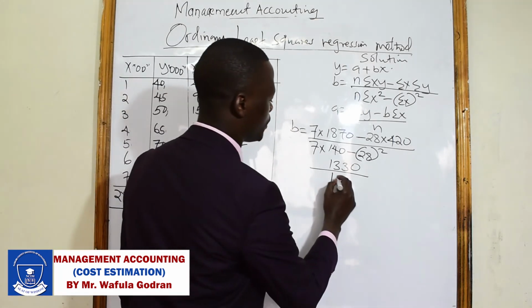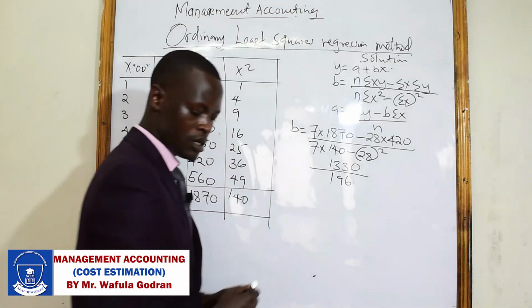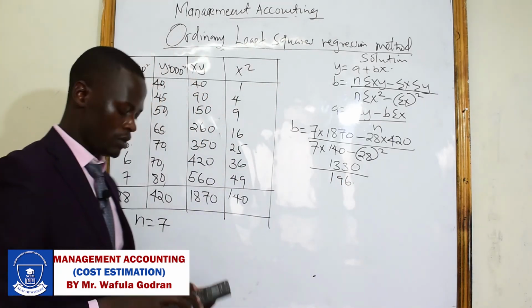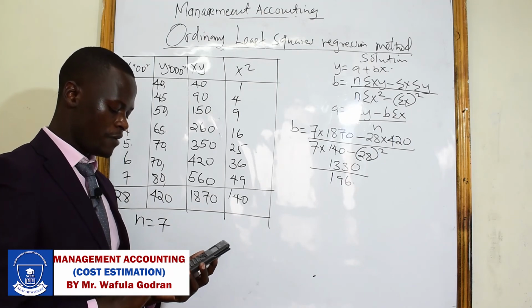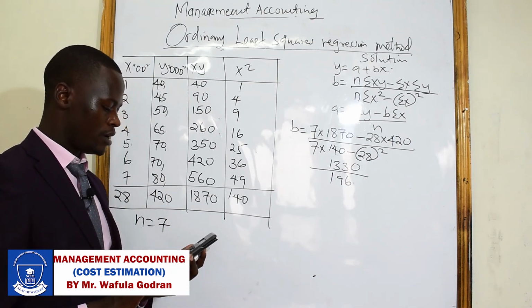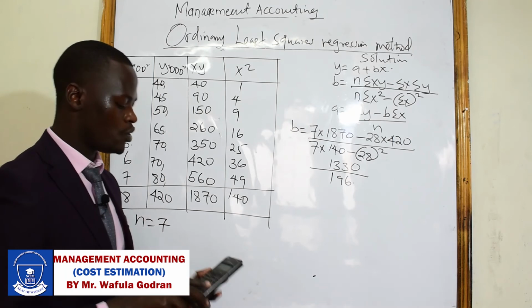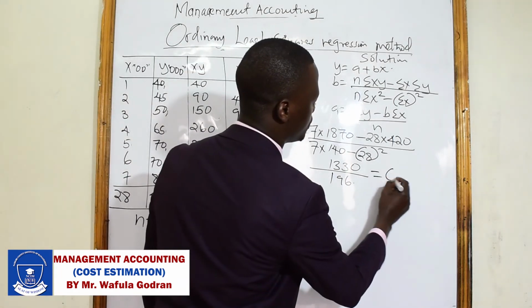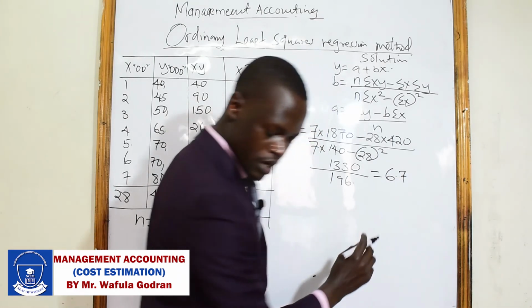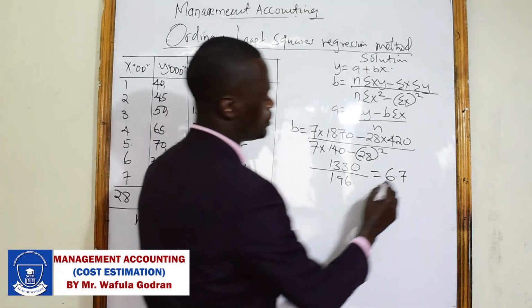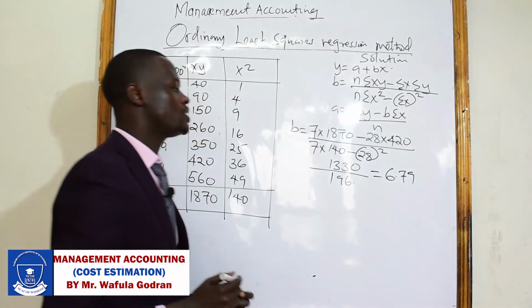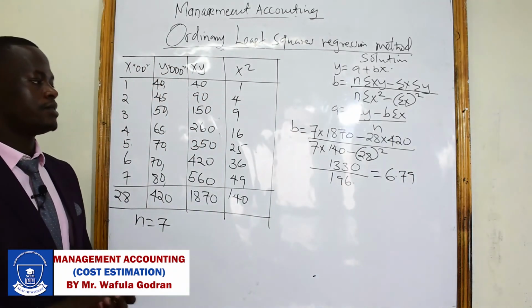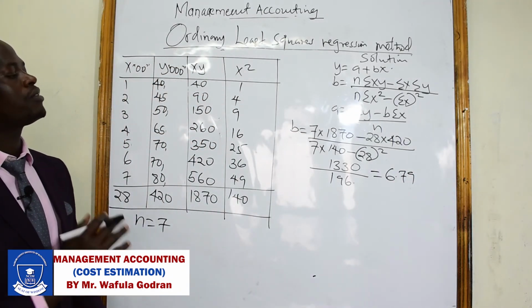So 1330 divided by 196, the answer, you get 6.78. If we round it to 2 decimal places, it will be 6.79. So that is the value of B.